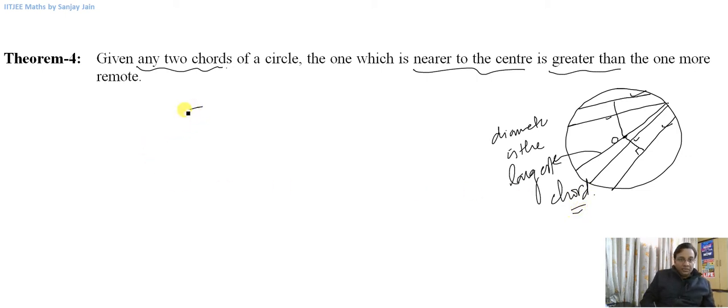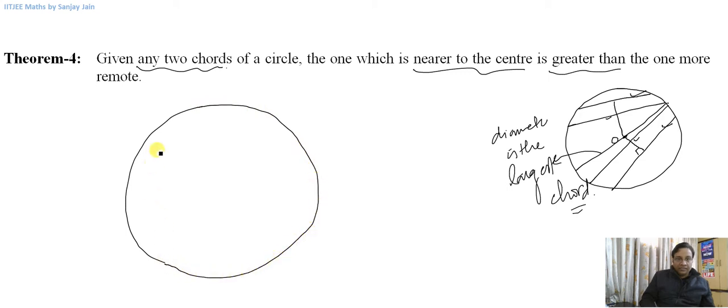Okay, so how do I think about it? I draw a circle, and I take any two chords at different distances. That means if this is center O, this chord AB is at a distance OM, let us say. When I talk about distance between a point and a line, I am talking about a perpendicular distance.